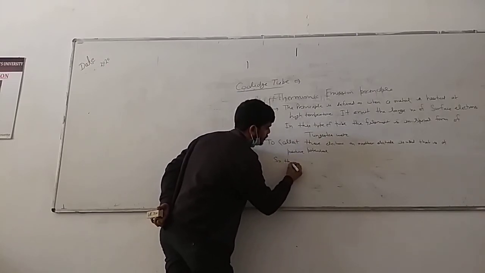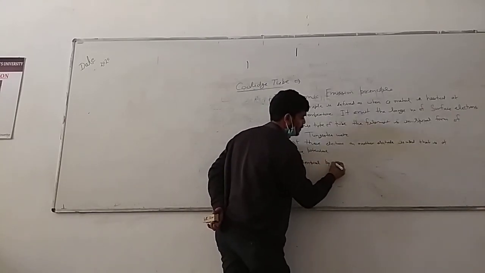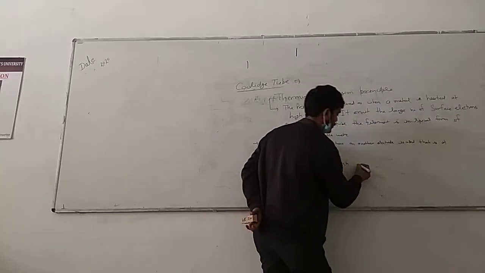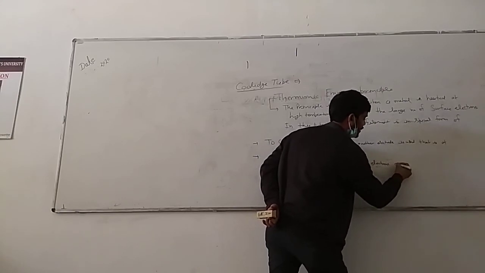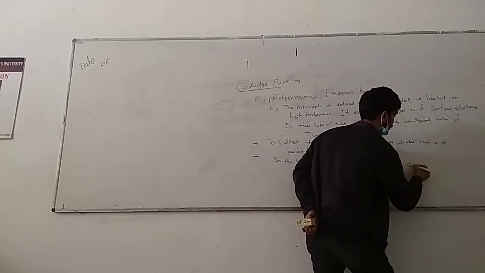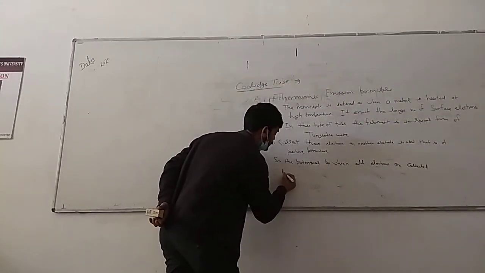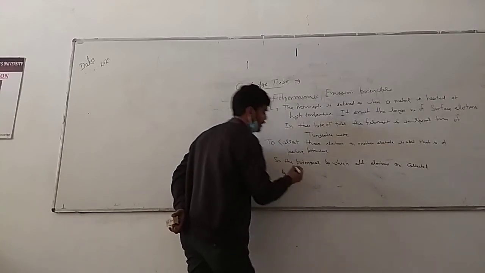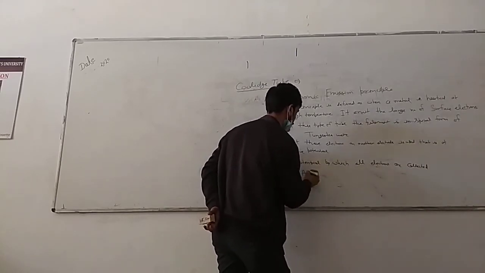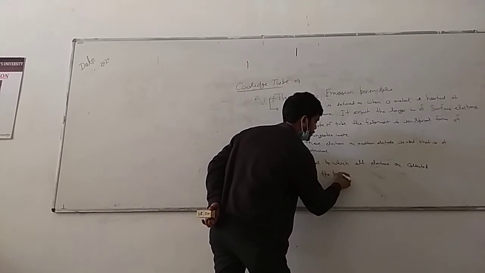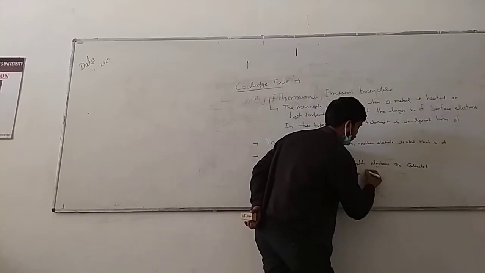So the potential by which all electrons are collected by the anode is the saturation potential.